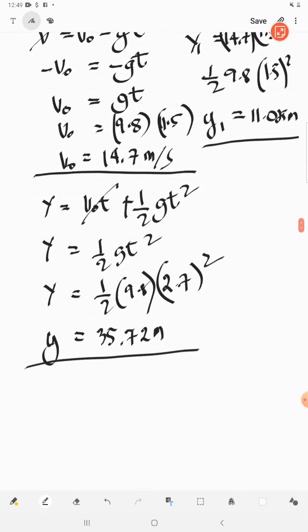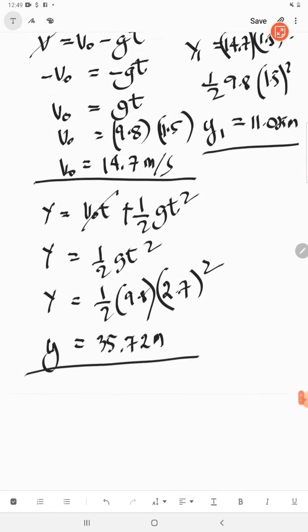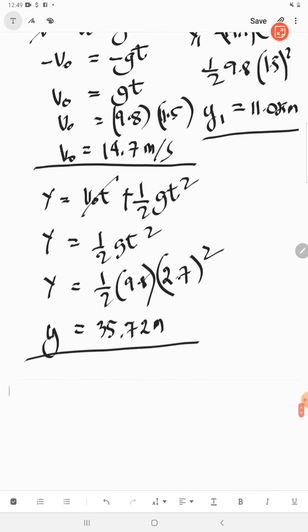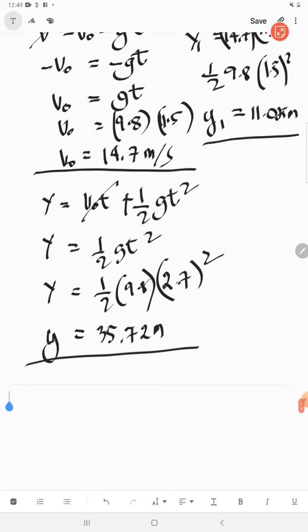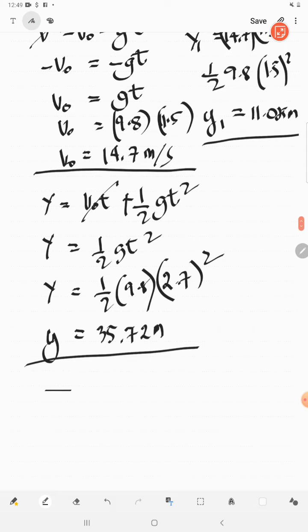So if you want to find y naught, the height of the building, I told you that your y is simply equal to y naught plus y1. So we need to find y naught. Your y naught is simply equal to y minus y1.